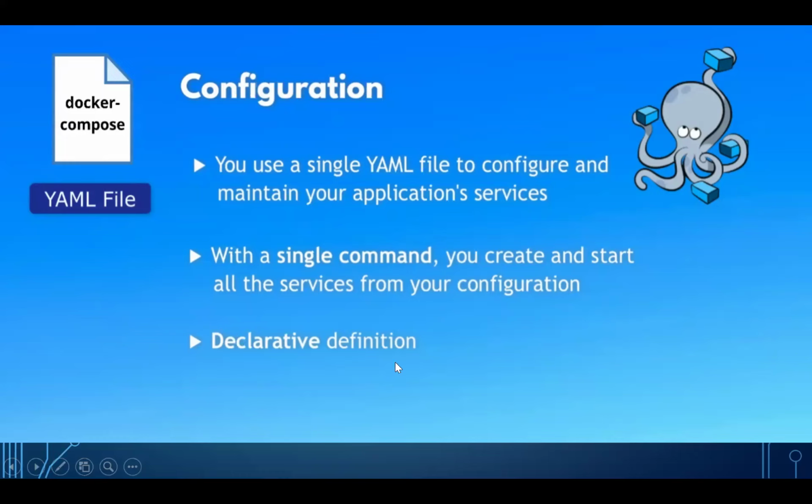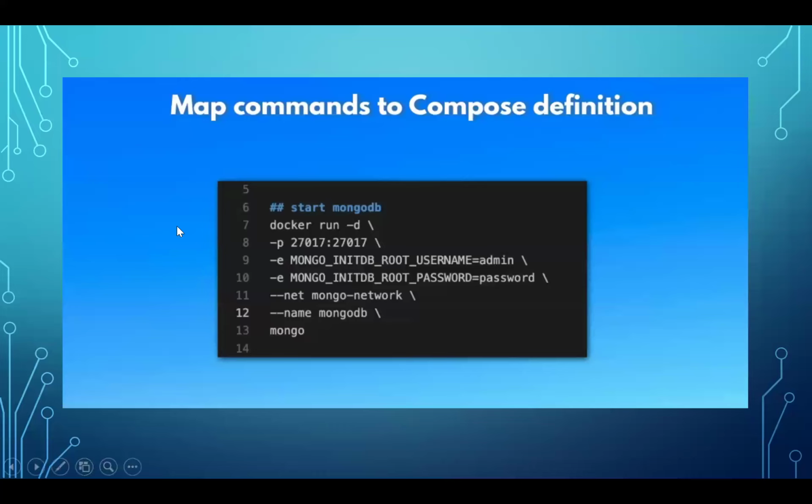Declarative definition means everything you have to define over there. So this was our map, right? Docker and hyphen D. This is slash for Mac and Linux. For Windows, we have seen we have to give another type of symbol.